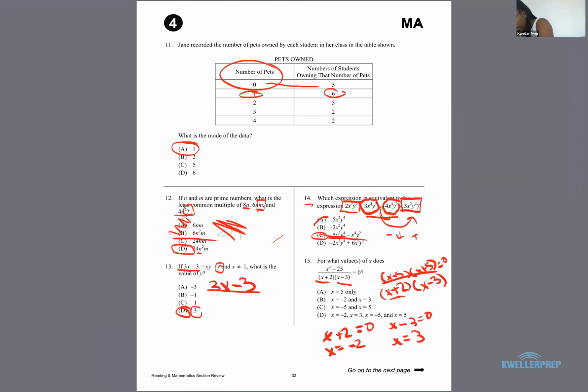And so we can do the same for the other two, and that would give you x would equal 5, and then x would equal -5. So all of these four values, 3, -2, 5, and -5, make each part equal 0.